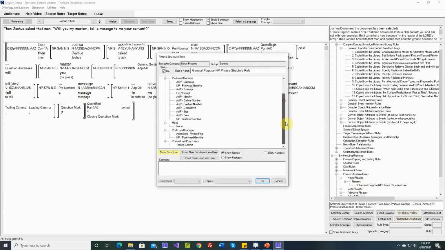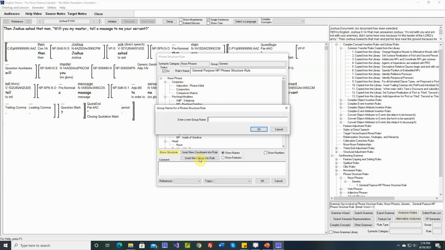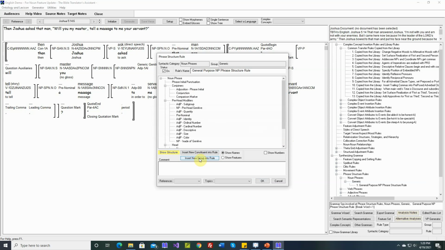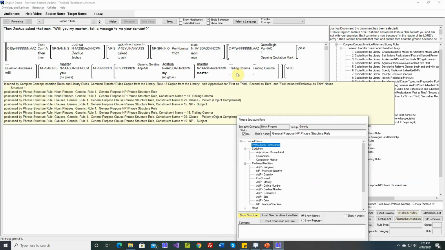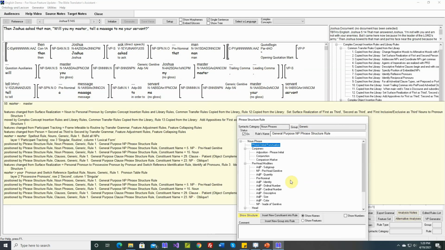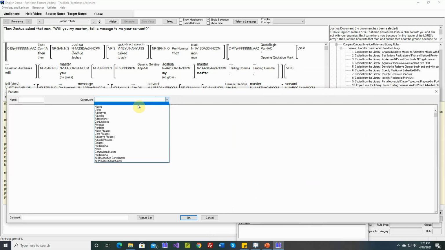Okay. Down here we have a group called phrase final punctuation. Let's add another group up at the top called phrase initial punctuation. And in this group, we'll add a leading comma. This won't be in the drop list here, so we can just type it.